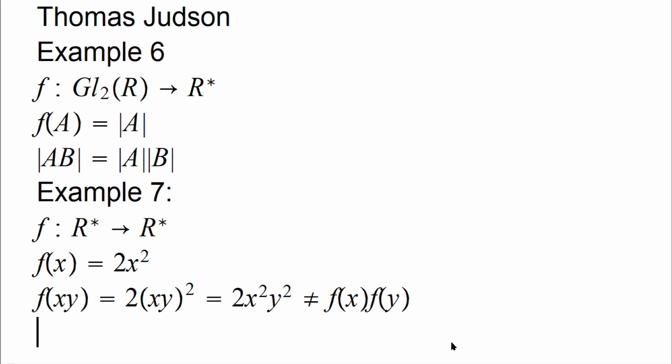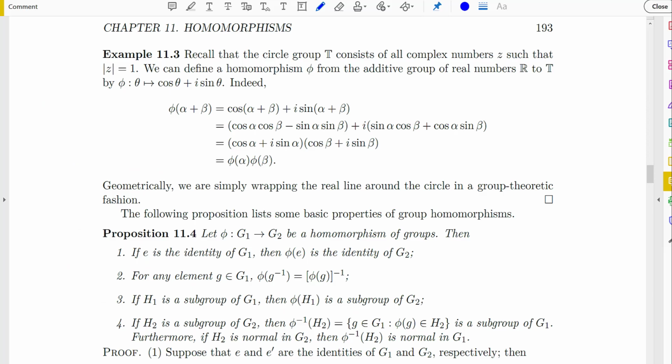Many of the properties that isomorphism satisfied, not all of them of course, because here we may not have bijection, are satisfied by homomorphism also. Let me just show you the appropriate page from the book.